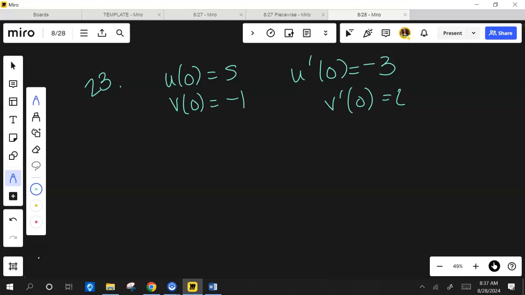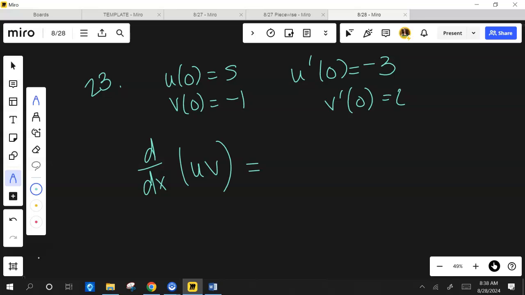Part A says find the derivative of u times v. What, you skipped one? You did what was on Canvas? All right, so it's asking me to find the derivative. I can't just plug in the way it is, and it's telling me when x equals 0.